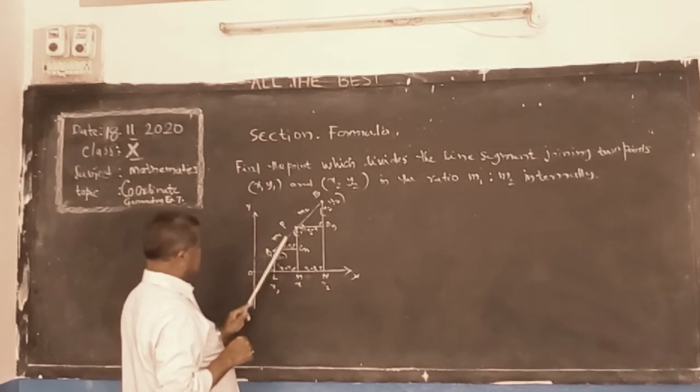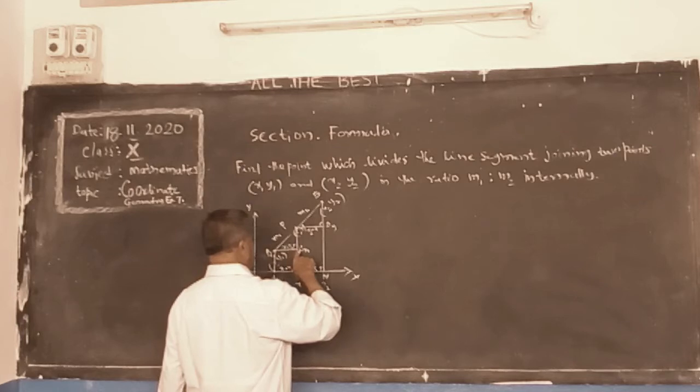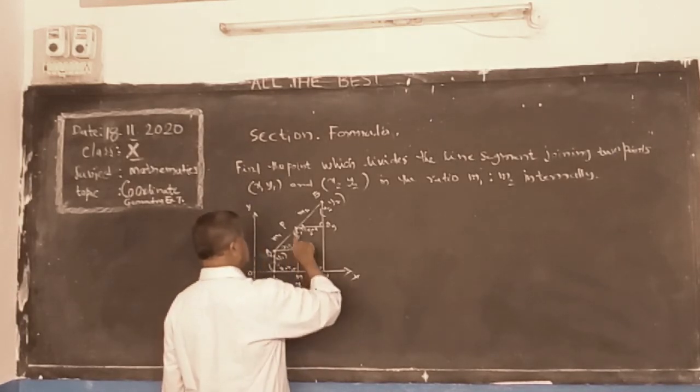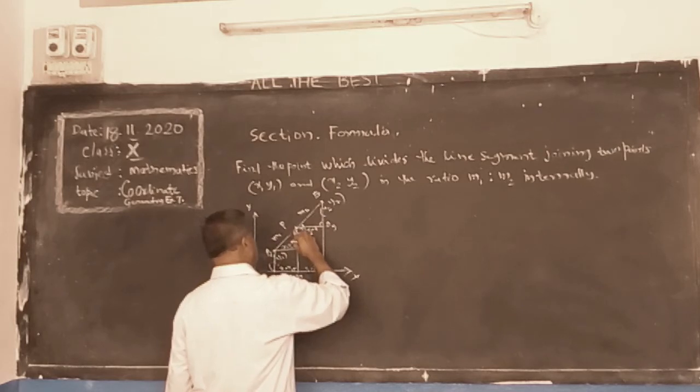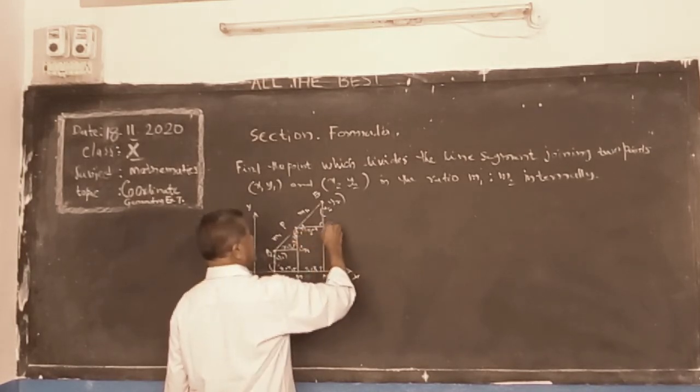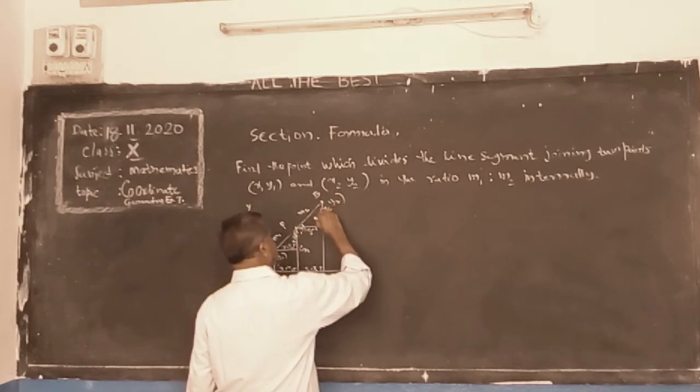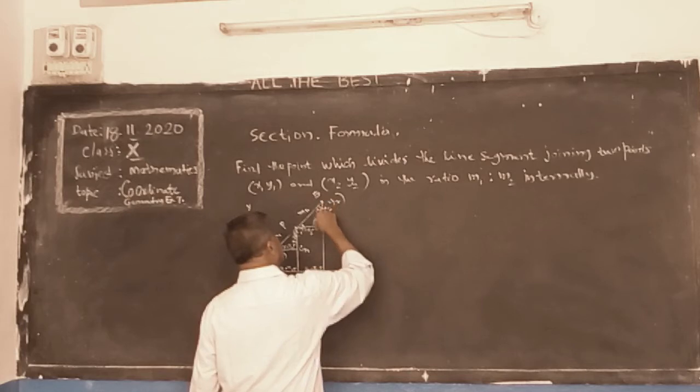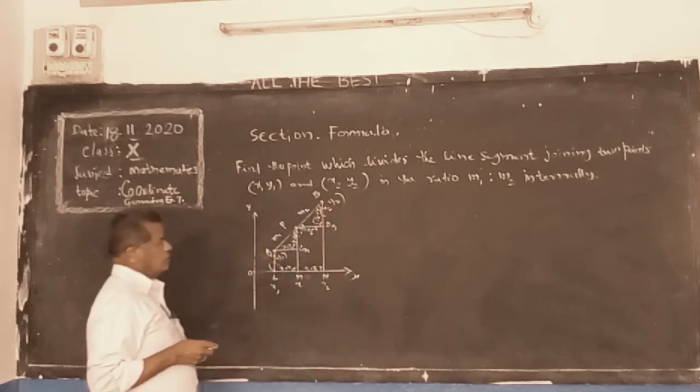And this is y minus y1, and this is y2 minus y. So these are the sides.